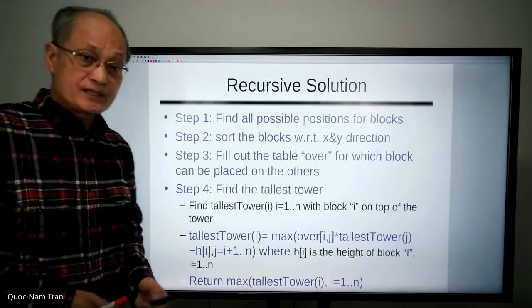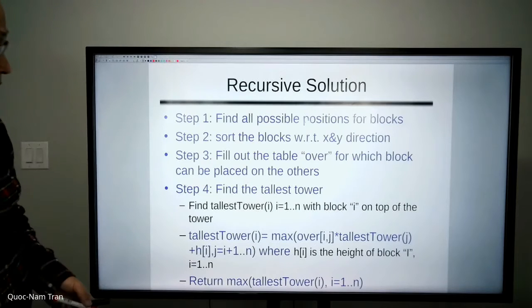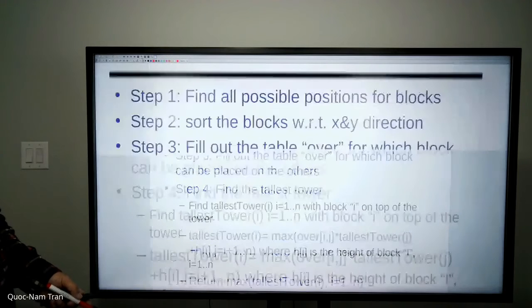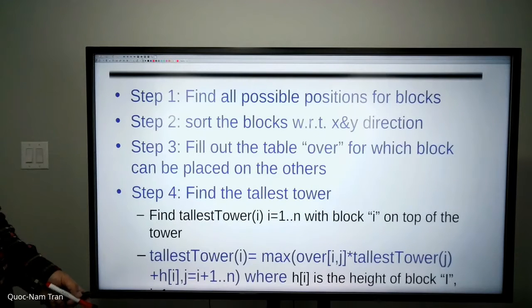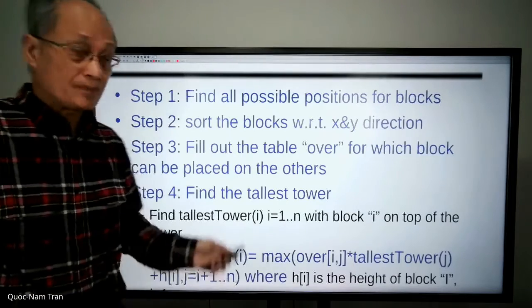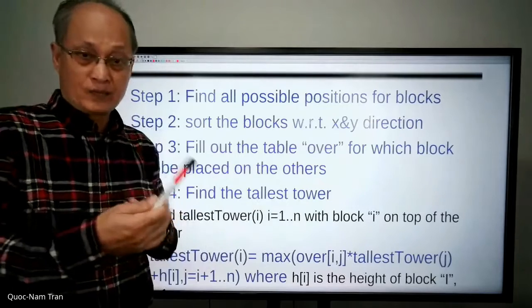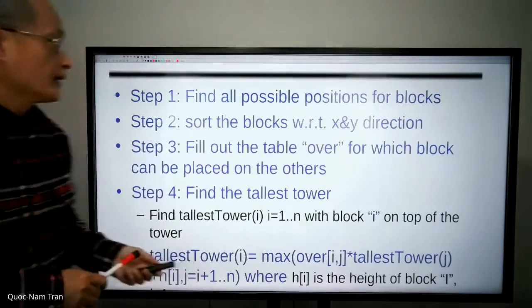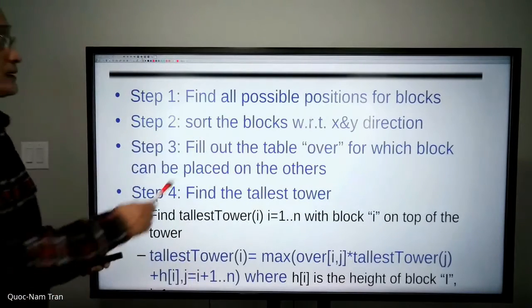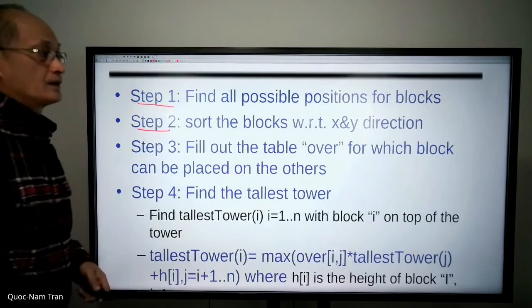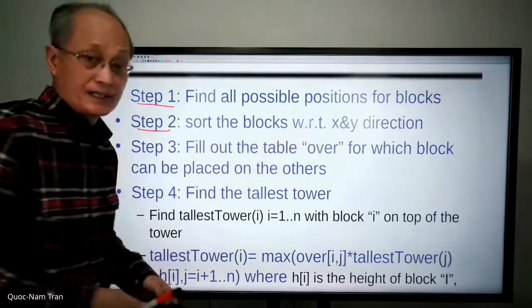Okay, and for the recursive solution, last time we came up with the idea like this. Step 1, we find all possible positions. We did that before, right? Step 2, sort the blocks with respect to x and y.